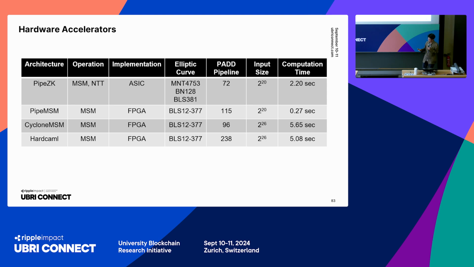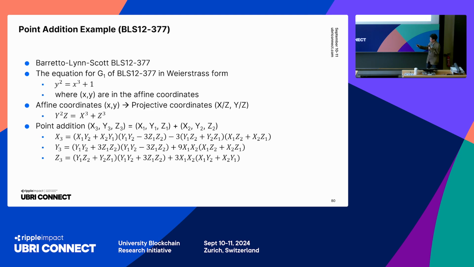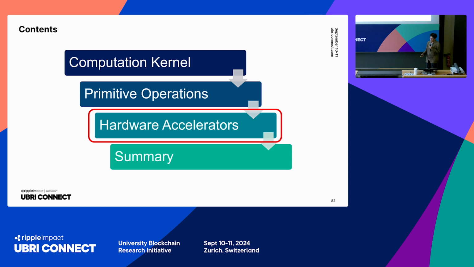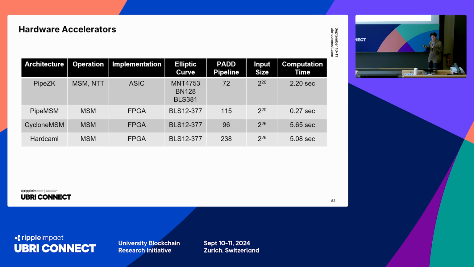The reason is that when we implement this many operations for one point addition, you can expect it to become big. And because we want to boost the performance as much as possible, typically we employ pipelining techniques. If we employ pipelining in hardware, typically the hardware cost increases, but the parallelism also increases, so that we can boost the performance.